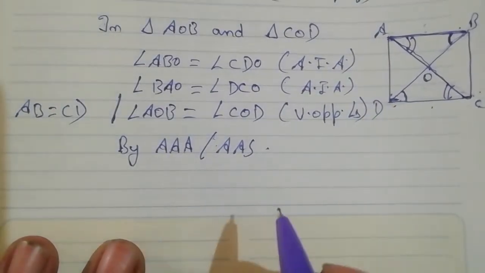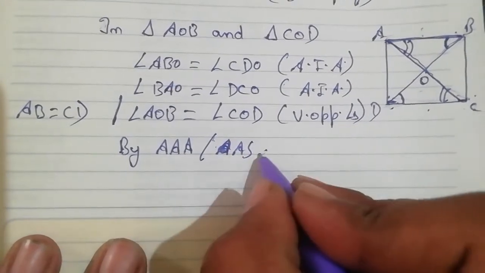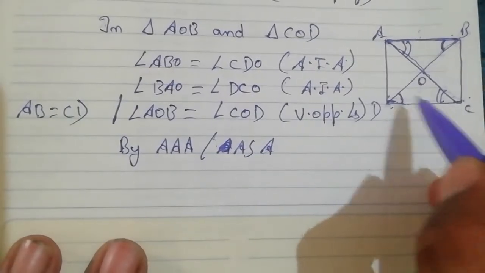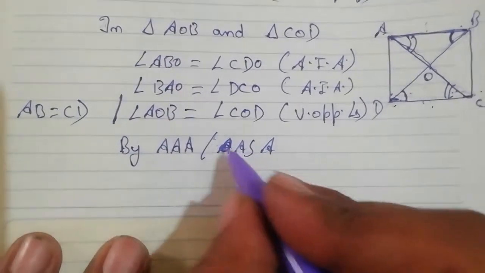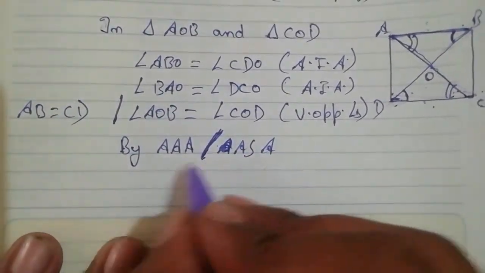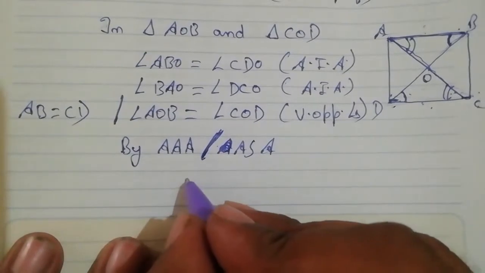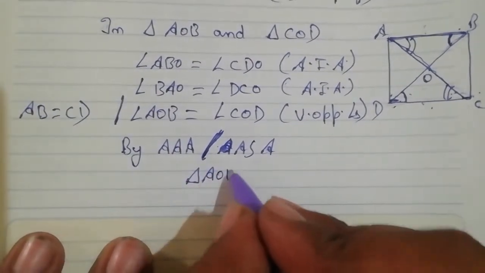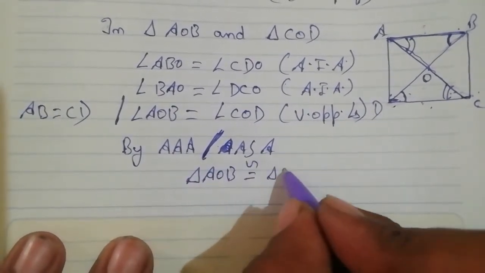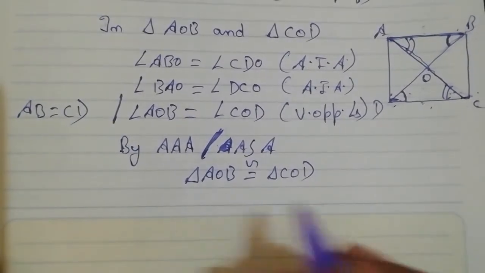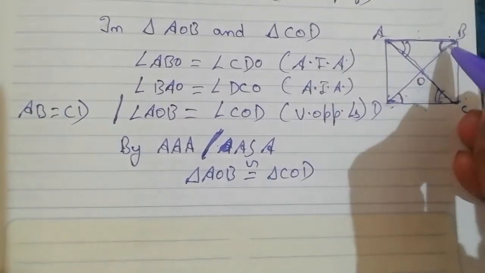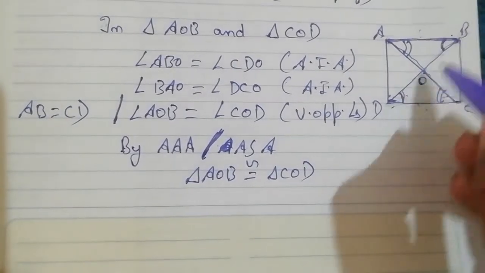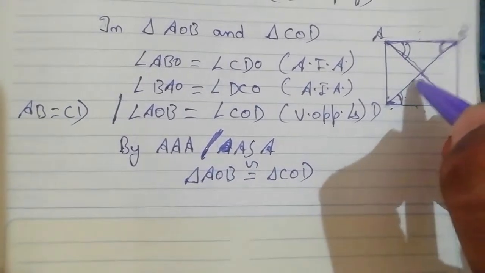Okay, so ASA. Here we have the theorem ASA because this is the angle, this is the side, this is the angle. So ASA. Okay, by these two, any one you can apply. So we can say that triangle AOB is congruent to triangle COD. Okay, so by this we can get here, look, OB, this is the side, these two angles are equal, so this side is going to be equal to this one.